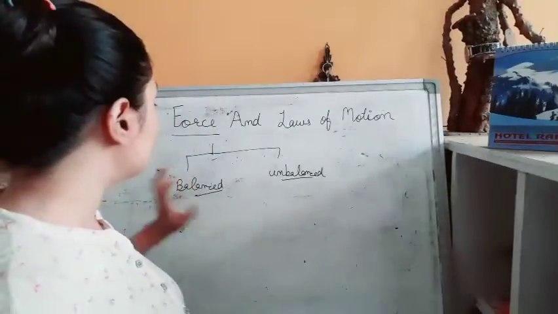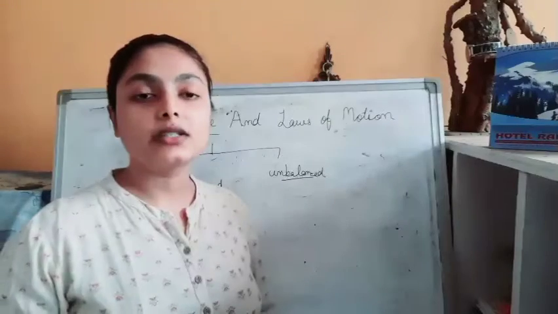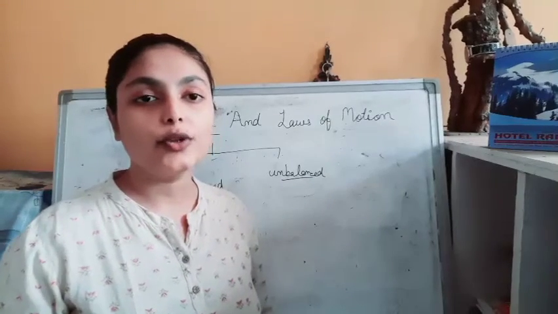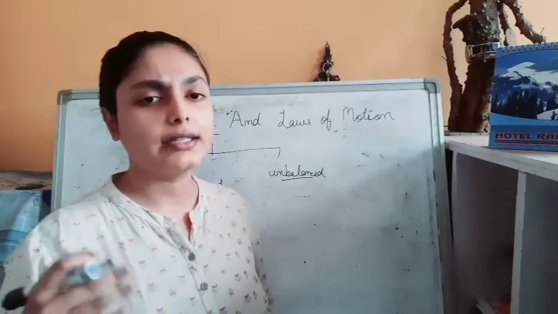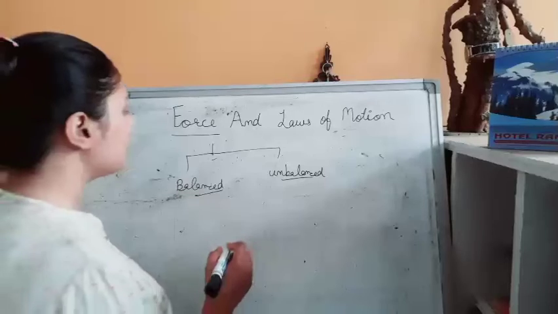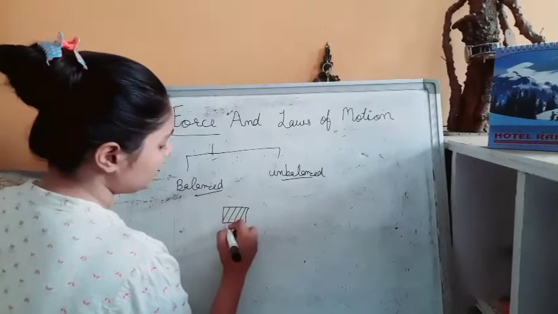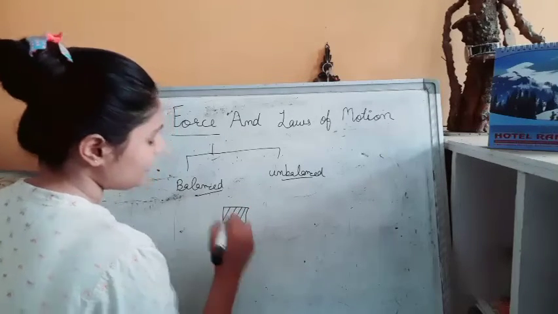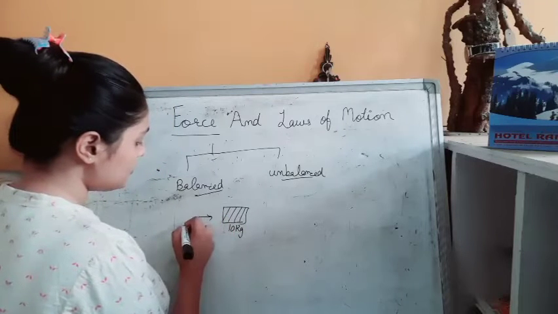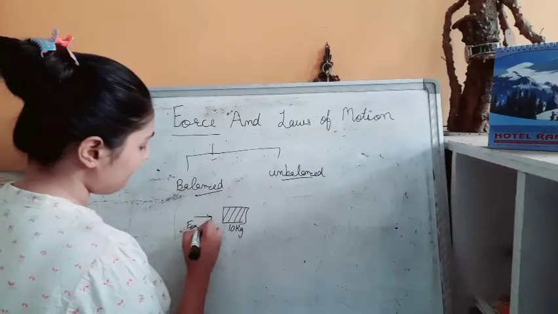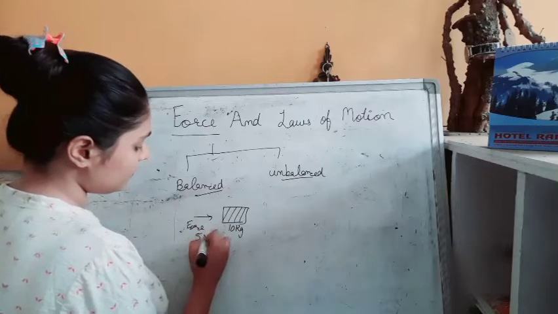A balanced force is a force in which the object does not produce any motion or any change. For example, take a wooden block of 10 kg. Suppose we are giving a force of 5 Newton.